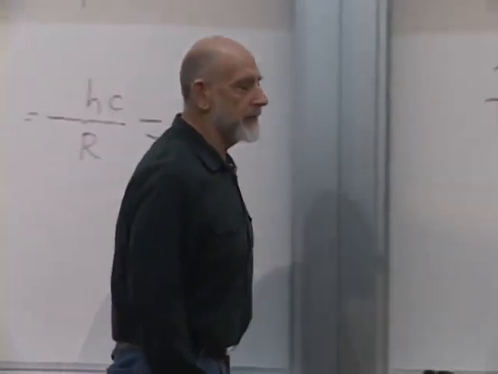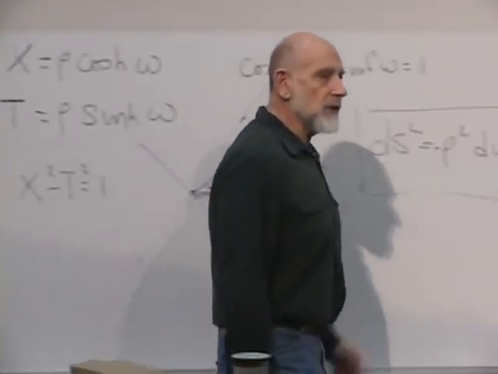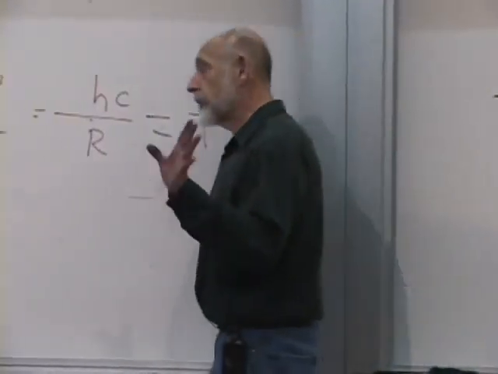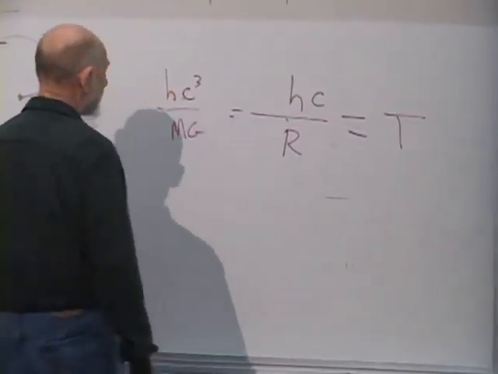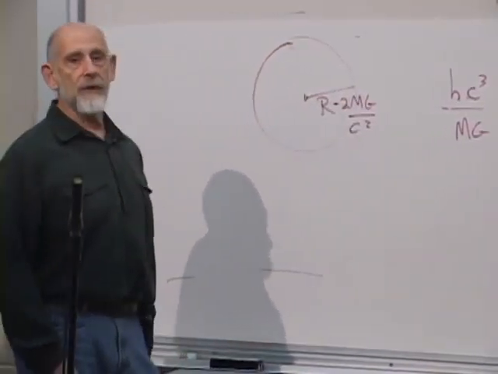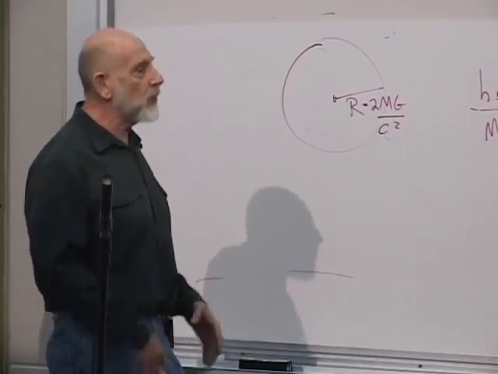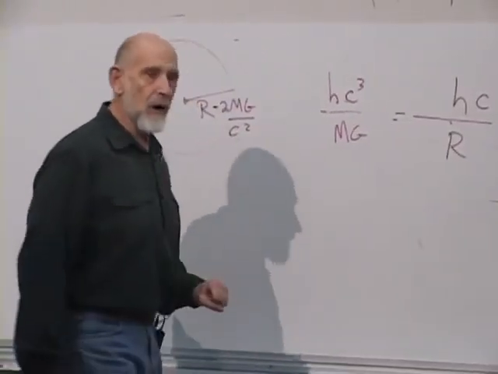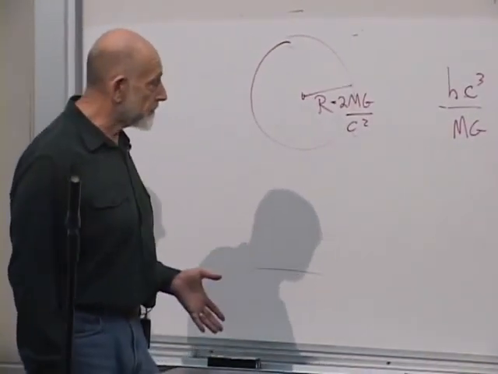Notice one curious thing, as the mass gets bigger and bigger, several things. First thing, h appears there. That means that the temperature of the black hole is a quantum effect. It would be 0 if h bar, Planck's constant, was 0.